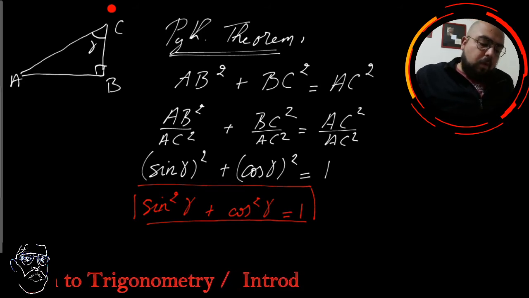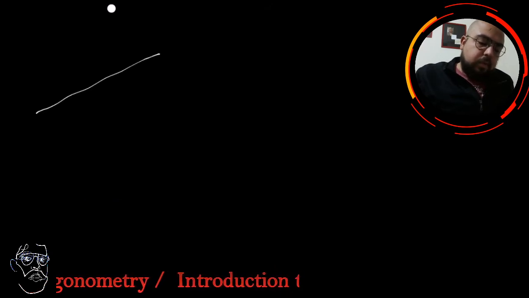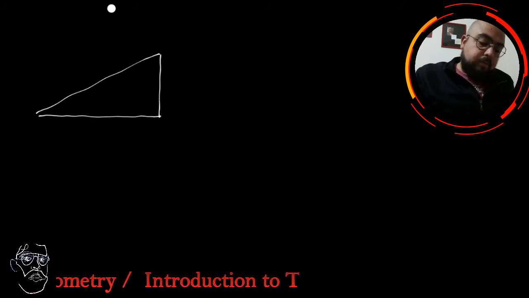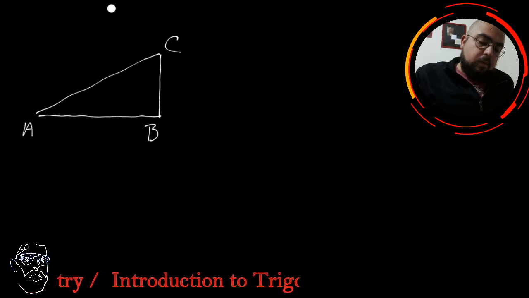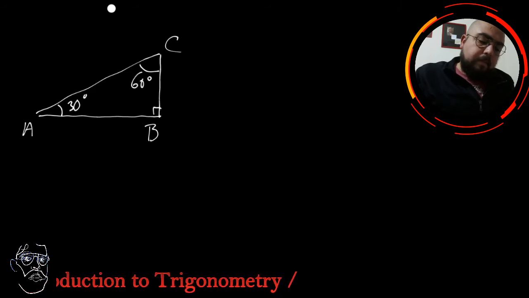So I'm going to first talk about the semi-equilateral triangle, and as you know, semi-equilateral triangle has a right triangle, a right angle here, and then this angle is considered to be 30, and this angle is considered to be 60.